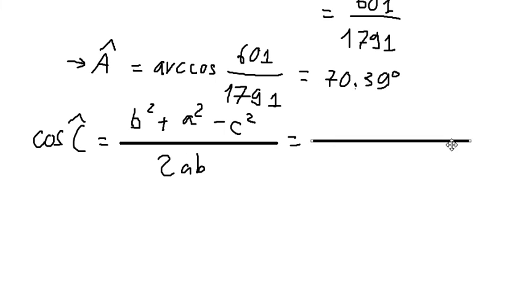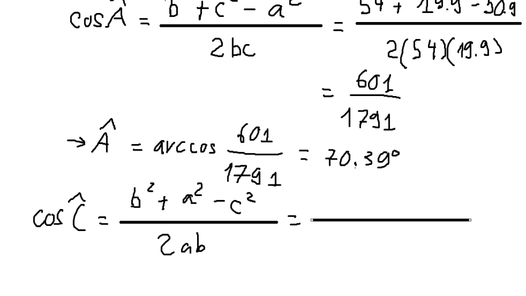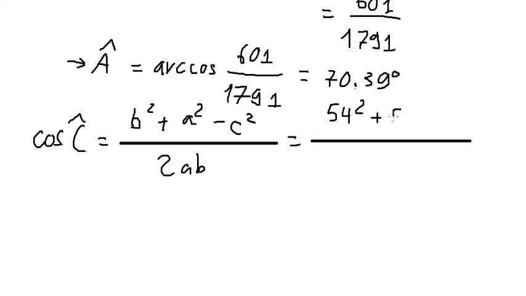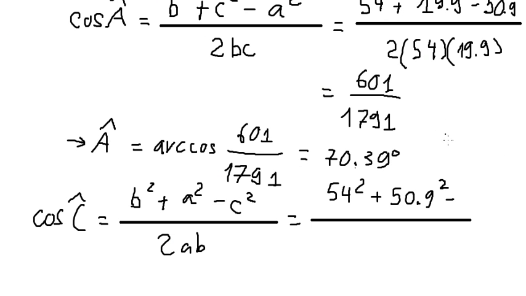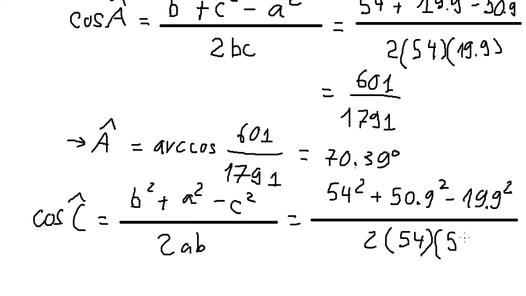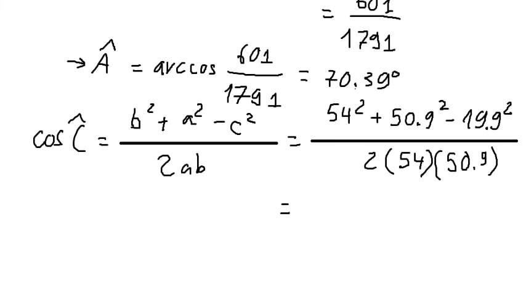So we have B that is about 54, A that is about 50.9, and C that is about 19.9. And the next one, A is about 54, and B is about 50.9. So we can calculate these numbers in here.